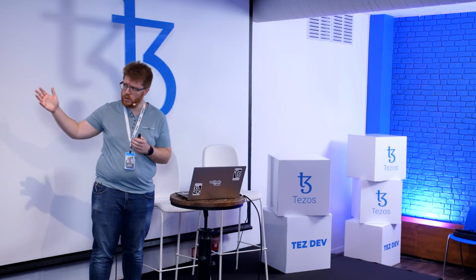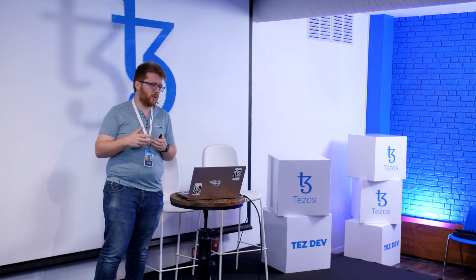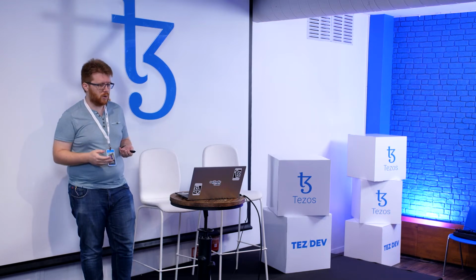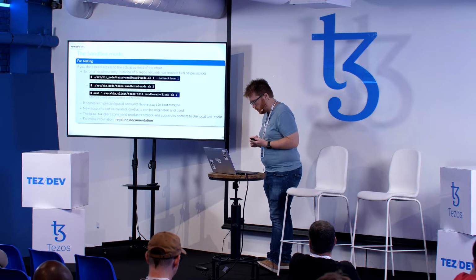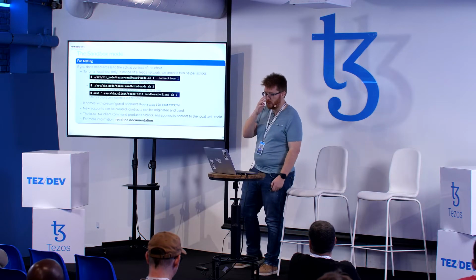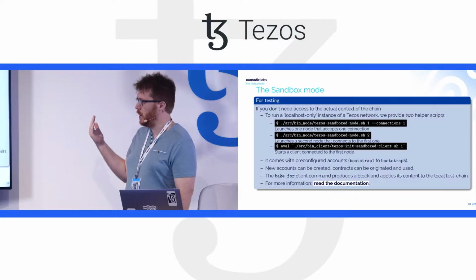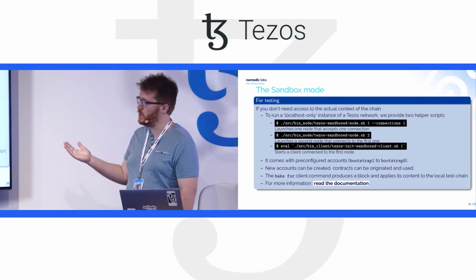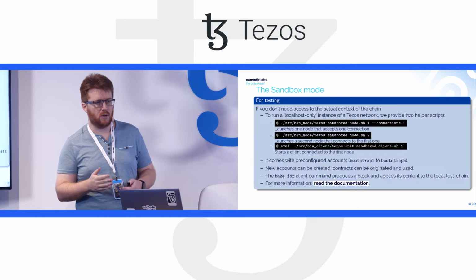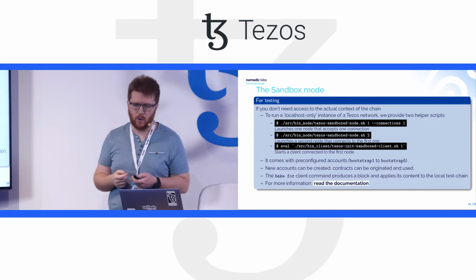You will launch several nodes in sandbox mode. They will connect all together locally and provide you a local network that you can use for testing. You can have clients connected to those, even bakers connected into this network. The sandbox mode comes with a pre-configured account with a lot of funds, so you can do all the testing you want.